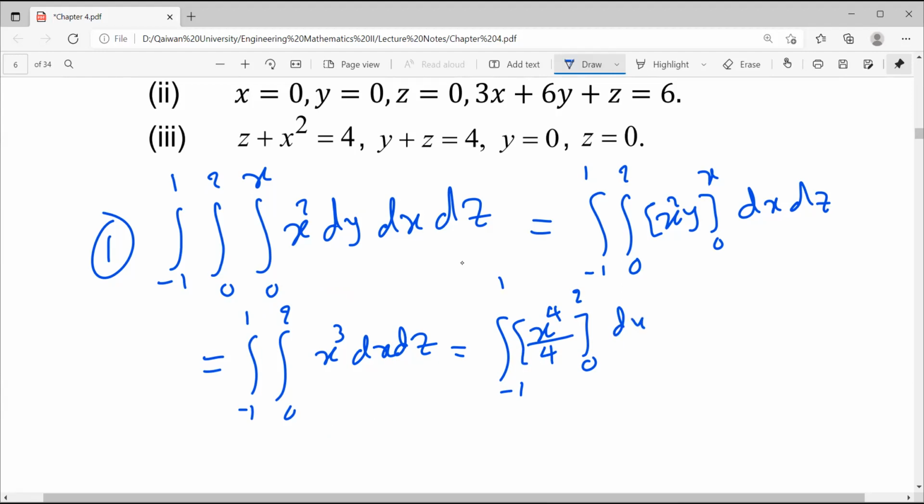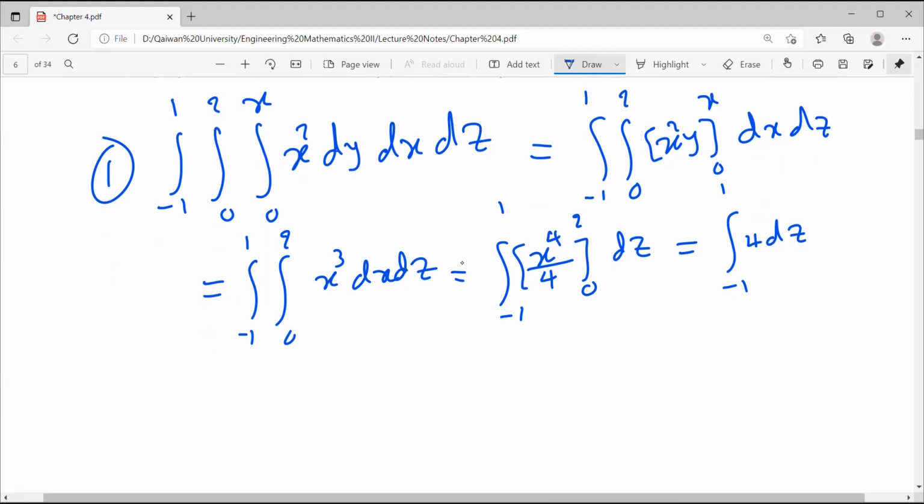Then we still have dz. It equals the integration from -1 to 1. First, we replace x by 2, then we replace x by 0. If we replace x by 2, we get 16 over 4, which is 4, dz. When we replace x by 0, we get 0.